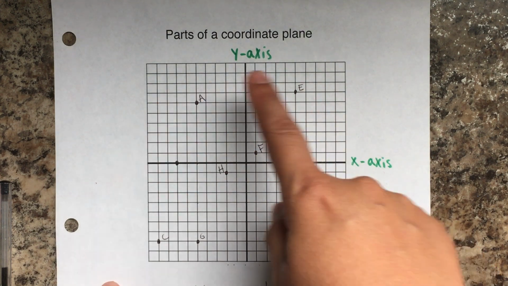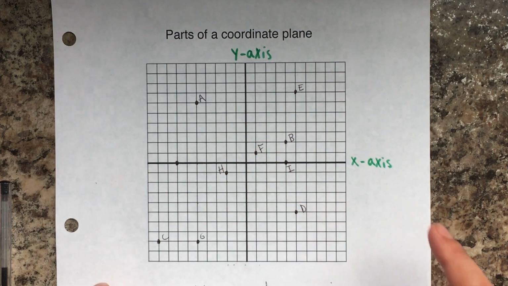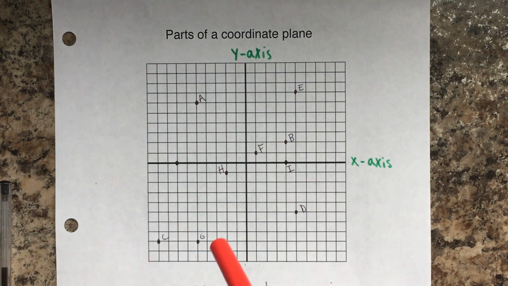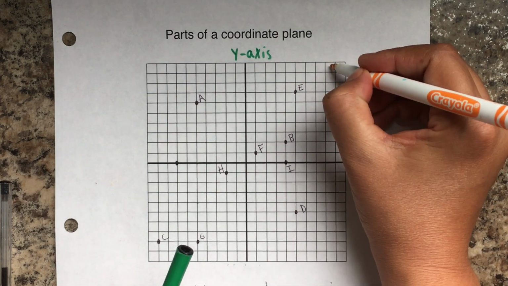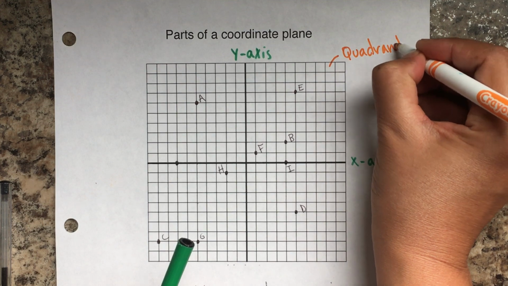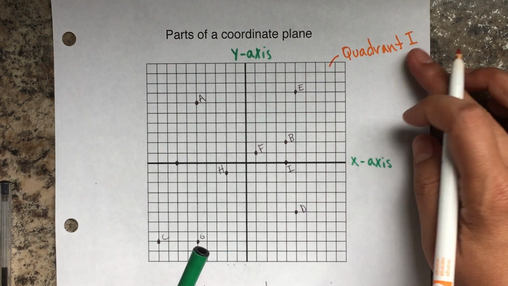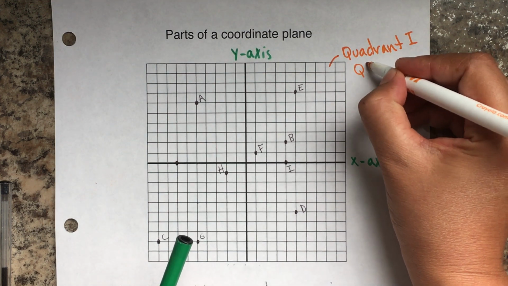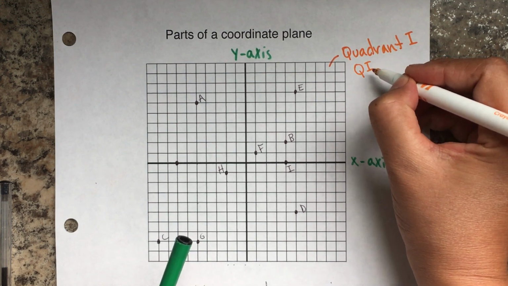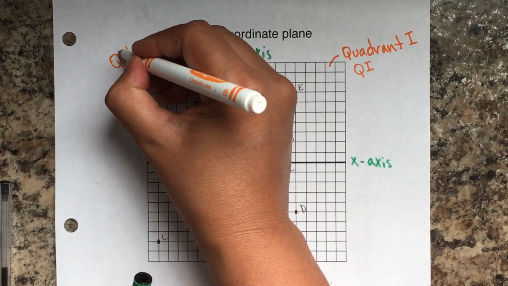And the coordinate plane is divided into 4 quadrants. So I'm gonna write the name of each one. This is quadrant 1, which is written in Roman numeral. You can just put QI, Q for quadrant 1. This is quadrant 2.